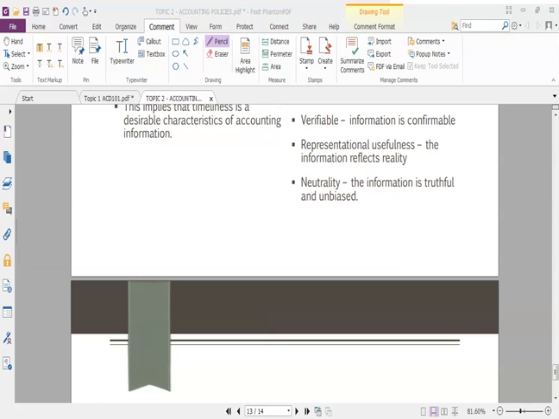How to assess the reliability? If you look at the financial statement, reliable means that the information included in the financial statement should reflect the true condition of your business.